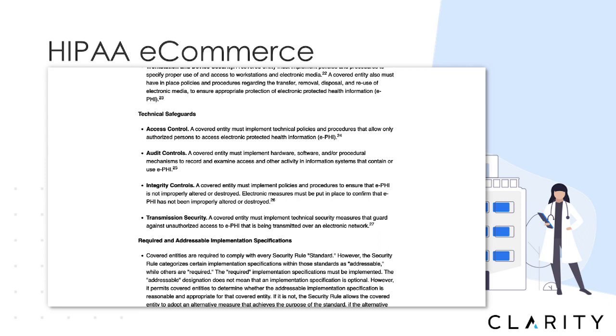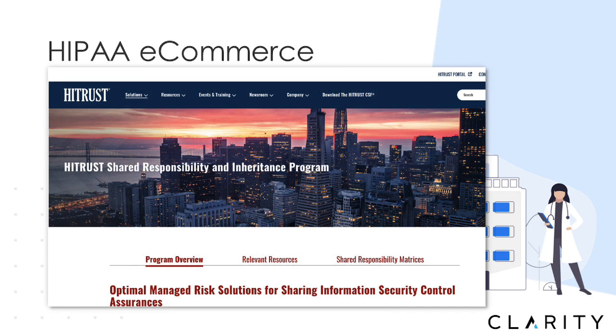So these are details and nuances. One of the things I would say just in summary of the security rules section is they generally pass into other spaces like PCI DSS compliance, payment card industry data security standard. You'll see a lot of similar overlap in that space. And so there's a framework called HITRUST that is a nonprofit outside of HIPAA and the government, an organization that put together a framework or a blueprint for meeting and in many cases exceeding these standards, which is really what you want to shoot for.